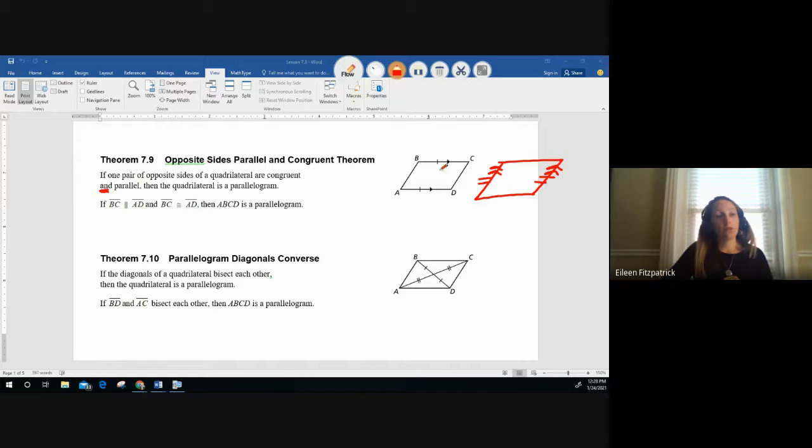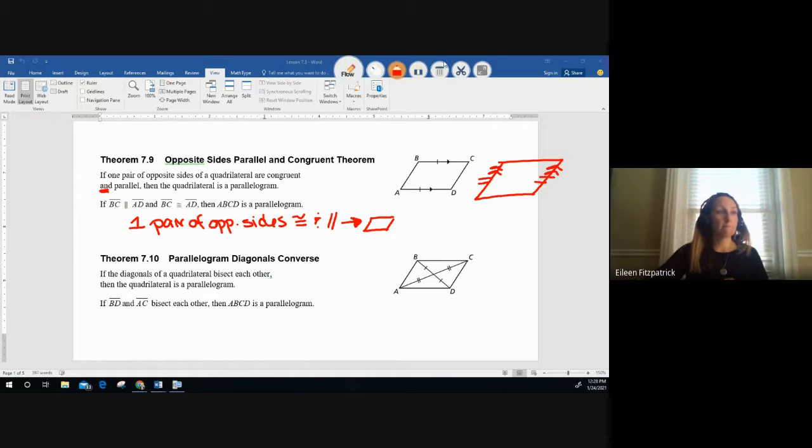If you have a figure where one pair are both parallel and congruent, okay, here I have top and bottom, both parallel and congruent, then you can say this is a parallelogram, and everything that you know to be true about a parallelogram is true about that figure. And the way we write it is one pair of opposite sides congruent and parallel implies parallelogram.